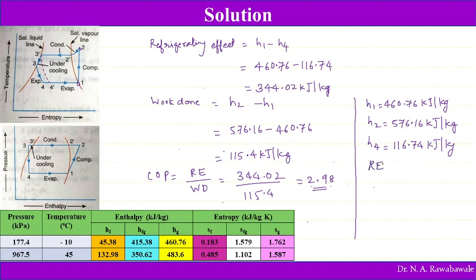Then refrigerating effect is 344.02 kilojoules per kg. Work done is equal to 115.4 kilojoules per kg, and COP, coefficient of performance, is 2.98. This is the summary of this problem.